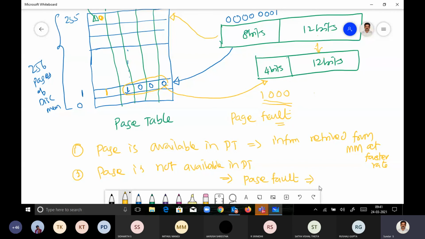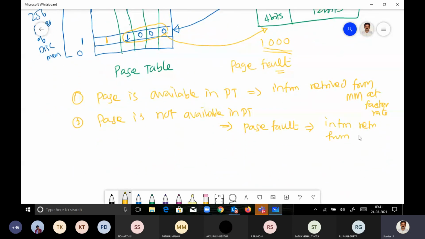And this leads to the data information being retrieved from disk memory, because it is not available in the main memory. So it is available in disk memory. That leads to fast. This leads to slow.